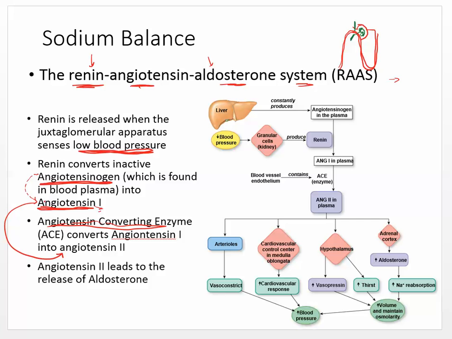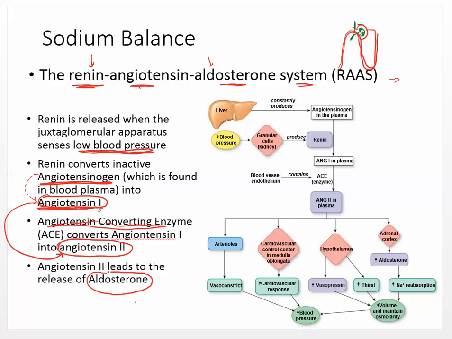Angiotensin converting enzyme is what causes angiotensin 1 to turn into angiotensin 2. And guess what? That's pretty much it, because angiotensin 2 does a whole lot of things. One of those things is that it leads to the release of aldosterone.